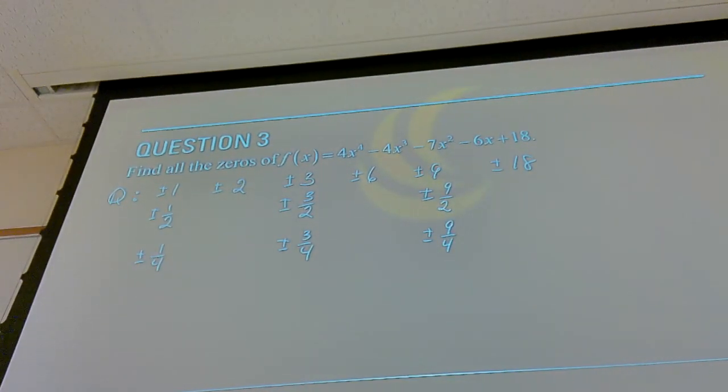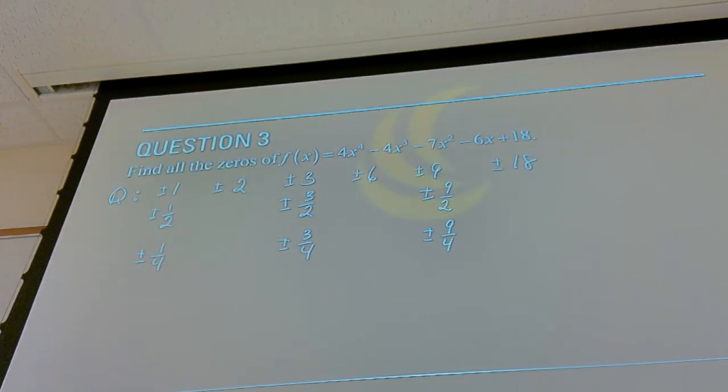What is it? Over 4. 9 over 2, it's already listed. Those are all the possible rationals. That's how many of them? That's 24 of them.